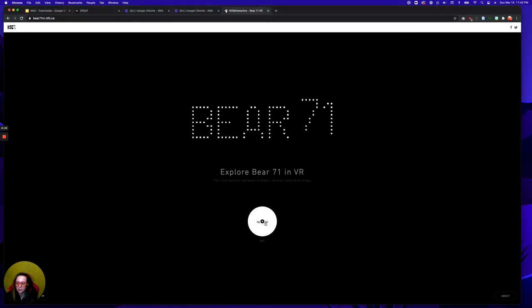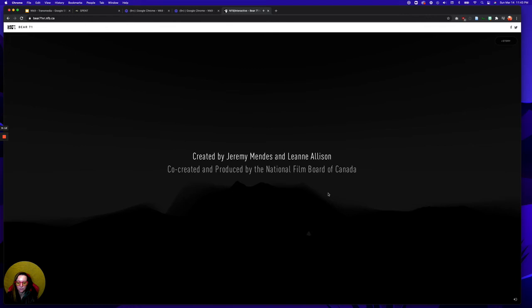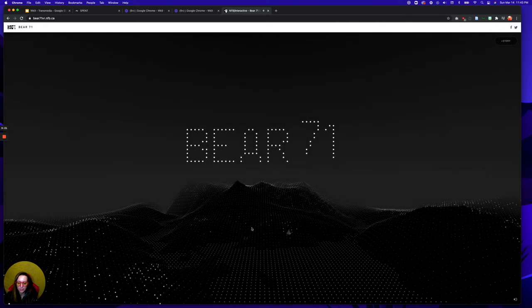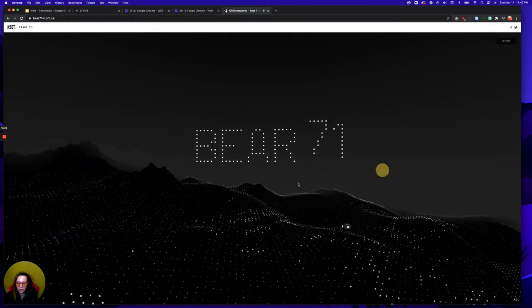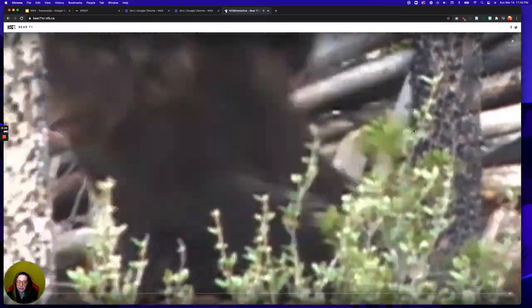Okay, so here we have Bear 71. It's probably going to take a minute to load on my computer. Okay, so you'll see that I'm actually being loaded into a map, and this is the map of where Bear 71 lives in this story.